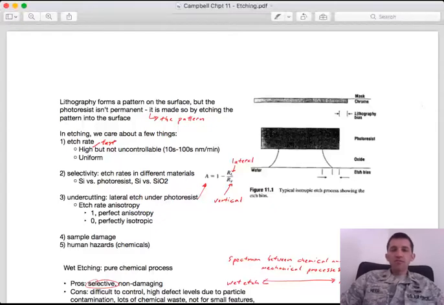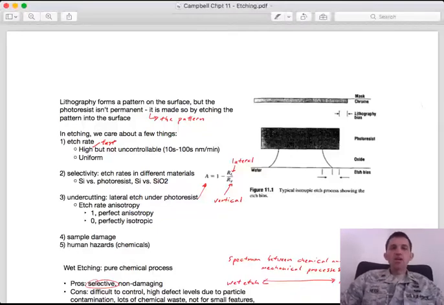If you have a much higher etch rate in the vertical direction, meaning downward, right, removing the material and leaving a nice sharp edge here at the edge of the photoresist, right, then this quantity R sub L over R sub V would be very low, which would give you a value for A that's pretty close to 1, which would indicate a high anisotropy for your process, right? And this is one of the ways we differentiate our processes relative to one another.